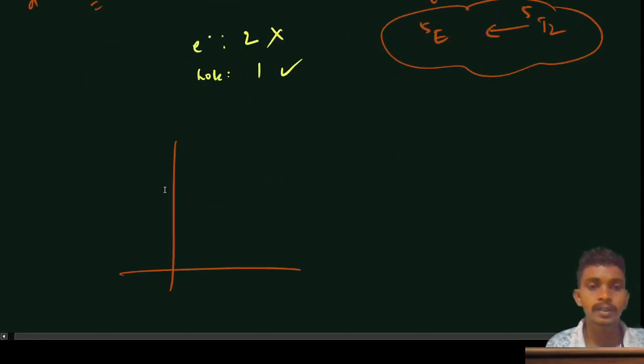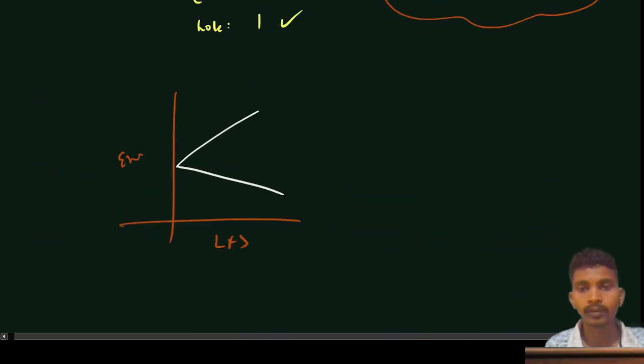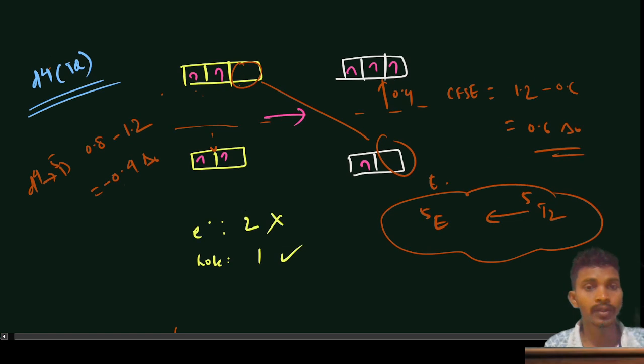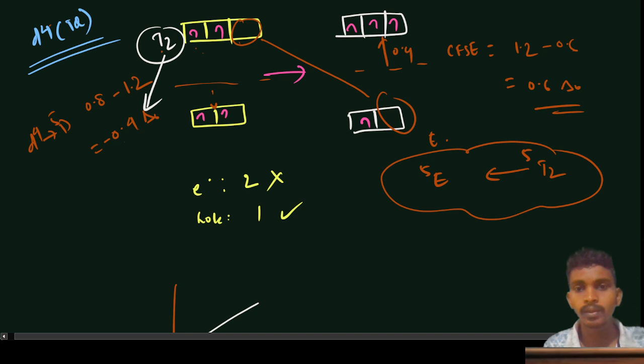If I do the Orgel diagrams, then this is energy and this is ligand field strength. So I will put here which energy is less. Yes, that is T2. This is the T2, so T2 value is this. So I send these values to T2.